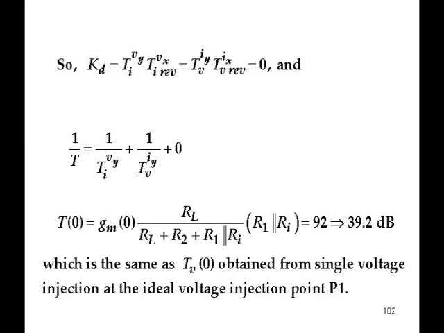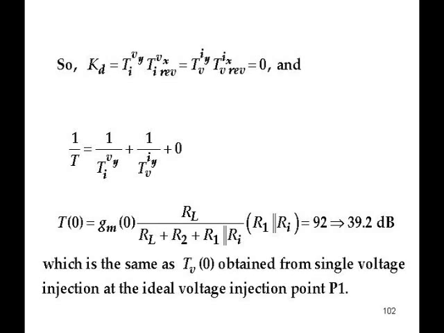Whichever contributor is smaller dominates the result. Plugging in the answers we got separately, you get the final result. The loop gain is 39.2 dB, and it's exactly the same as the value we got for the ideal voltage and current injection points.